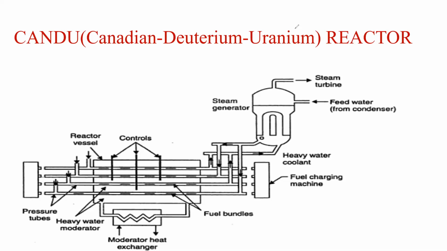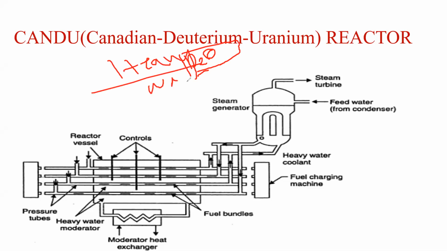Okay, very good. So write down: deuterium is present as D2. If I say deuterium oxide, D2O, this is the formula of heavy water. Deuterium oxide is also called heavy water.